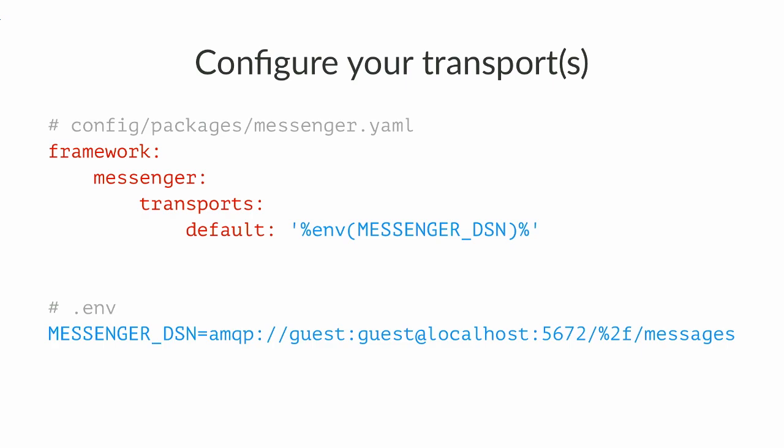And its configuration comes from, as I mentioned, the messenger DSN environment variable. If you really want, you can put the DSN directly here, but it's not the greatest thing. And then in your .env file, you can define a DSN. That specific DSN is going to say to the messenger component, create a transport named default that is going to use the AMQP transport and all these technical details.